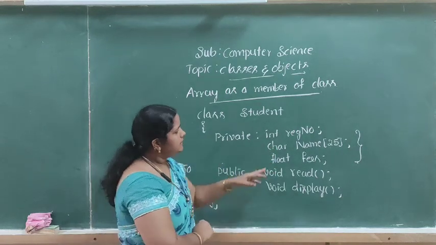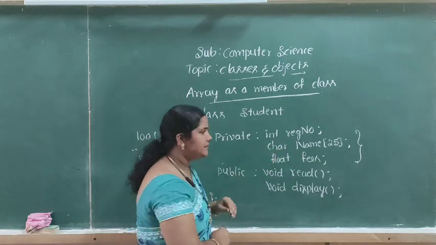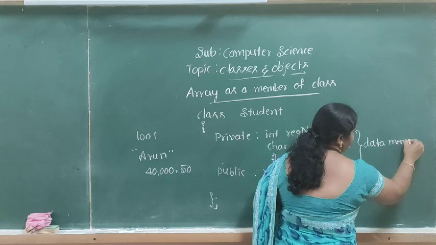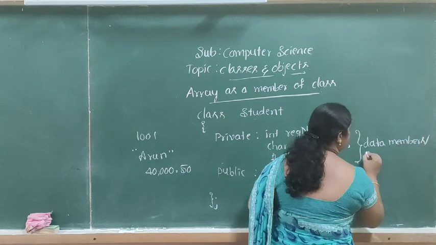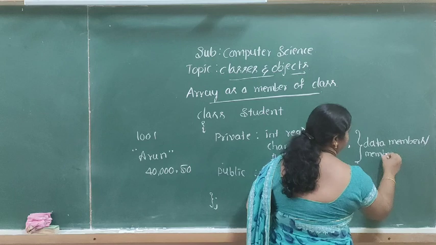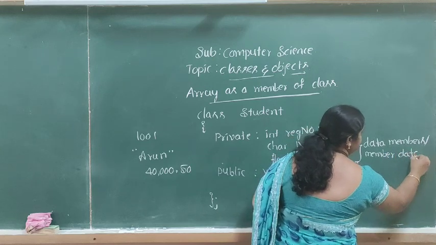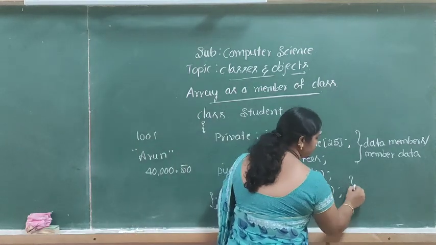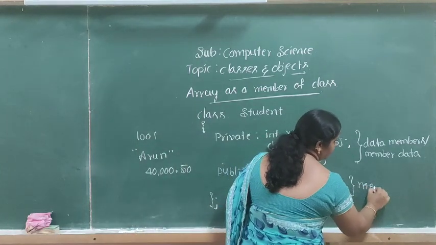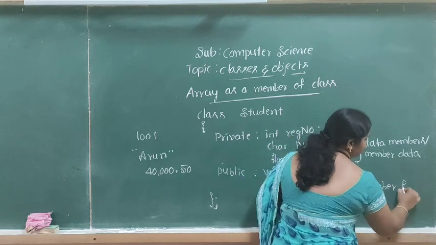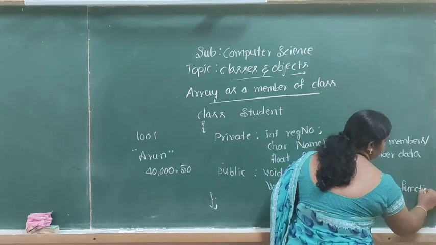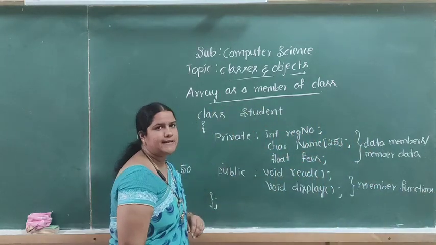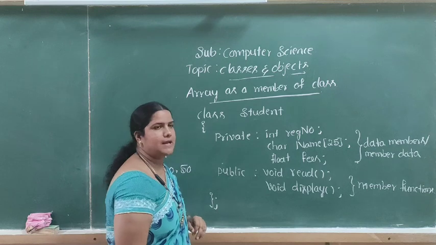Int, char, float: these are the register number, name and fees, generally defined as data members or member data. And read and display are the two member functions, which are declared in the public section. So this is one example of array as a member of class.